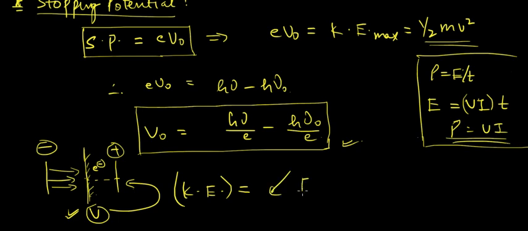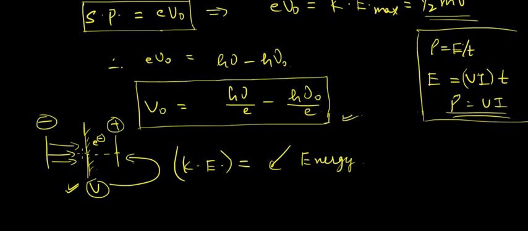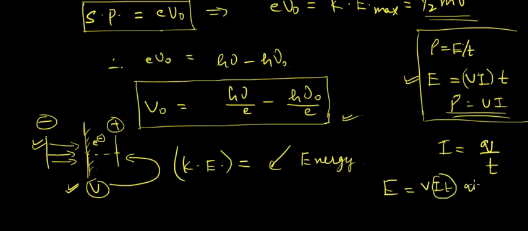This much energy must be required to stop the coming photoelectrons from getting ejected from the cathode plate. So we know that energy is equal to VIT, which we just discussed here. Okay, and we know that I equals charge upon time.